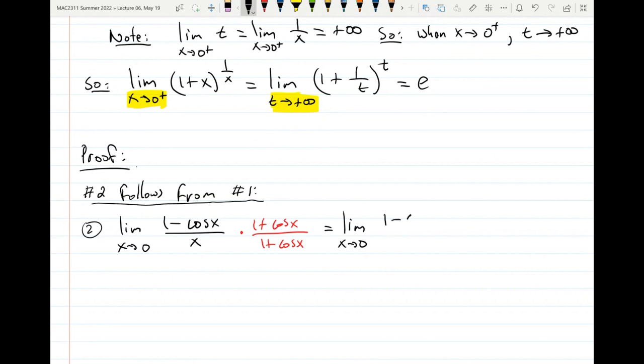As you know, that's a difference of squares, so that becomes 1 minus cosine squared, first guy squared minus the second guy squared, over this. And the reason why I did this is because now 1 minus cosine squared equals sine squared. Remember the trigonometric identity, so recall that sine squared plus cosine squared equals 1. Okay, so 1 minus cosine squared equals sine squared. That's what I'm using.